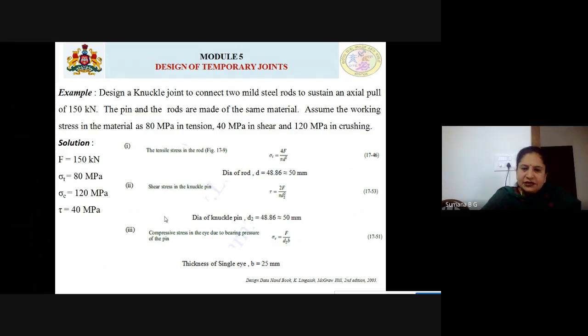From this equation, we can find out the diameter of the knuckle pin, D2. Next, equation 17.51 gives the compressive stress in the eye due to bearing pressure of the pin. From this equation, we can find out the thickness of the single eye, represented by small b.